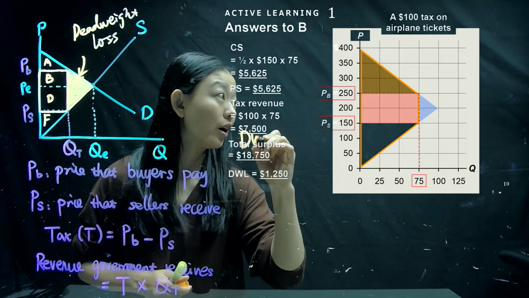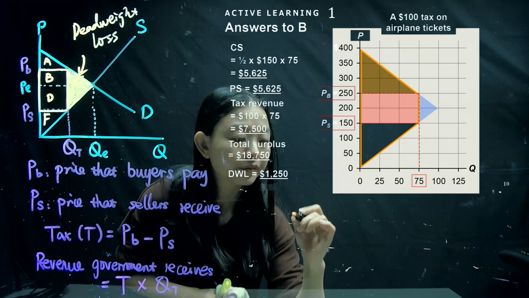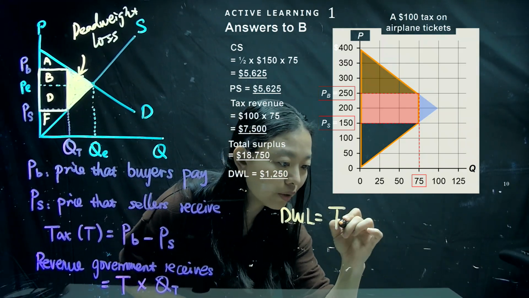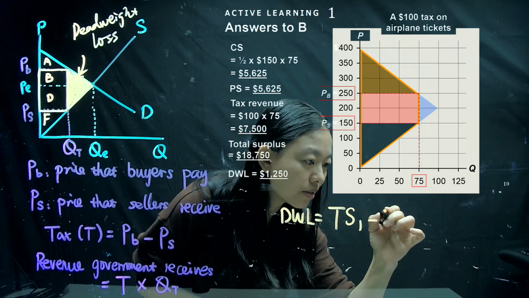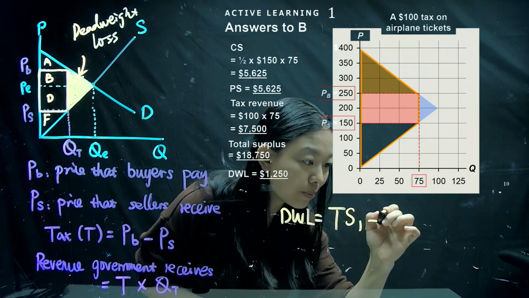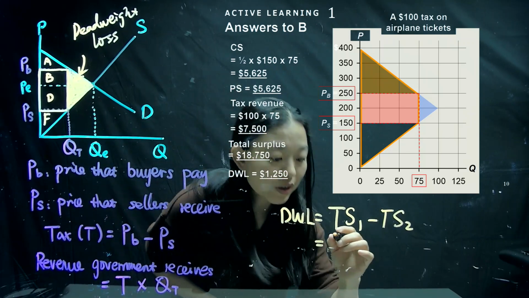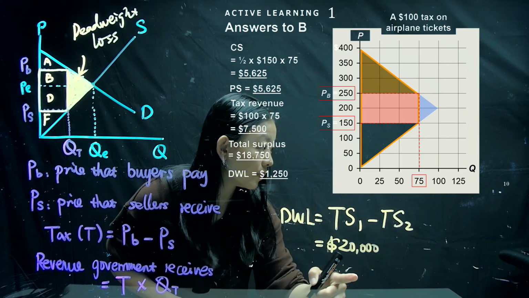So the deadweight loss, let me write it down here. The deadweight loss will equal the original total surplus subtract the new total surplus. So the original total surplus will be $20,000, right?